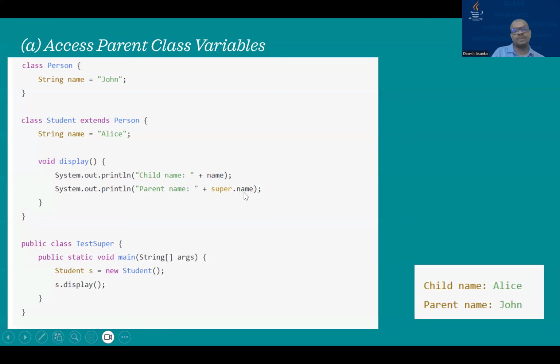By using the super keyword, you can access the parent value. Here, name refers to the current class, and if you want to see the superclass value, you can say super.name, which will give you the value from the parent class. That is how you can access parent class variables.